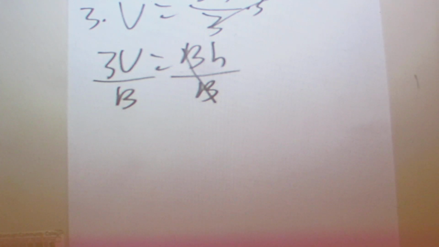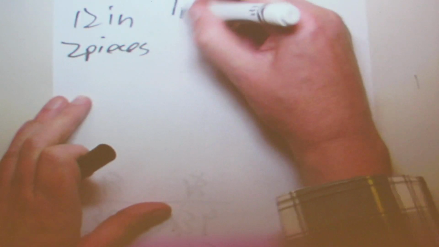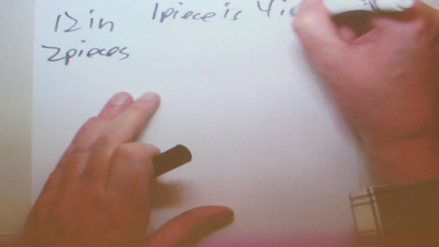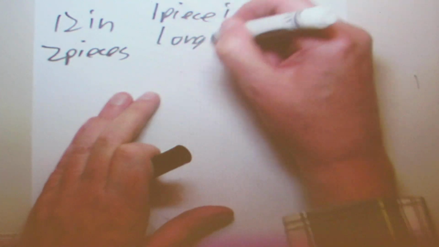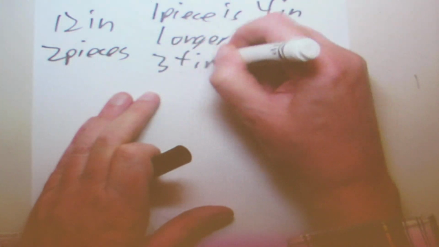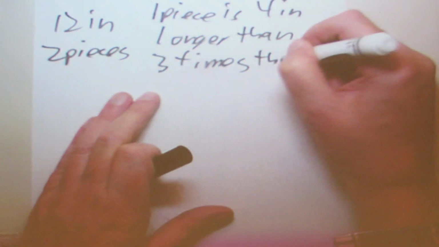Next is going to be one of the word problems that we did, where we have, say, a 12-inch board is cut into 2 pieces. And one piece is 4 inches longer than 3 times the shorter.